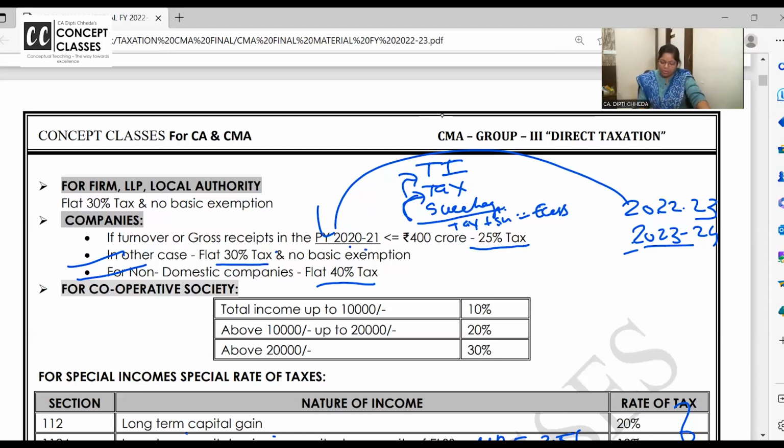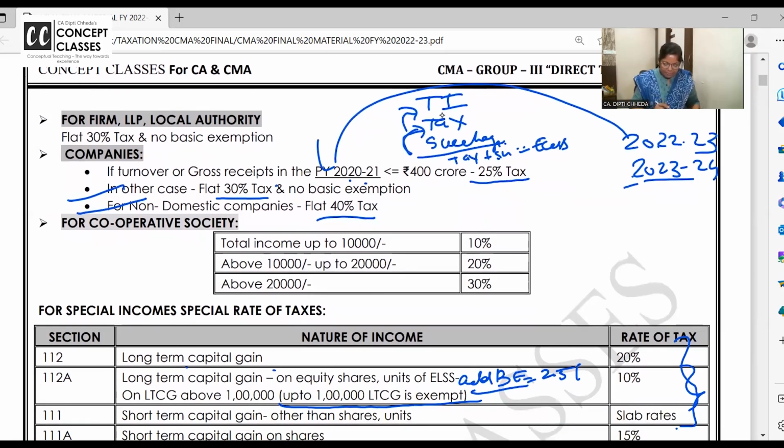If the turnover of two years back, that is 2021, is less than or up to 400 crores, at what rate will you pay the tax? 25%. We have some special conditions wherein companies are paying 22% tax also. What conditions are to be satisfied, we'll do when we take the company assessment.